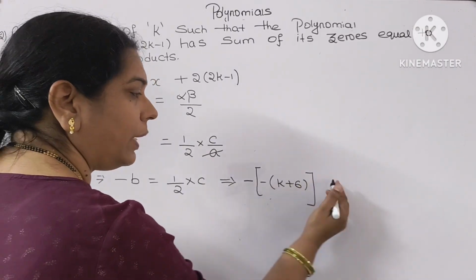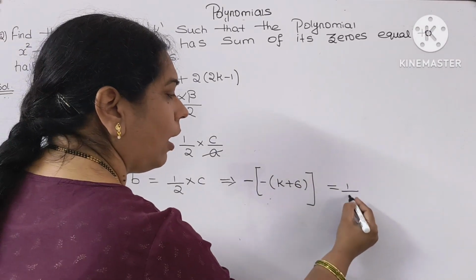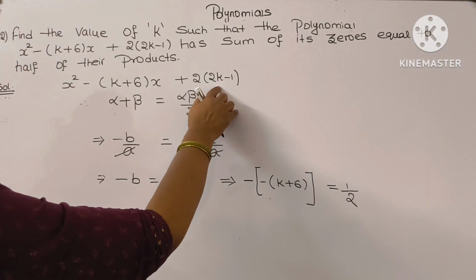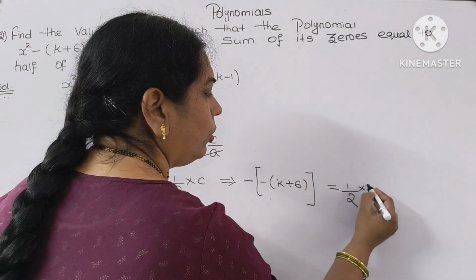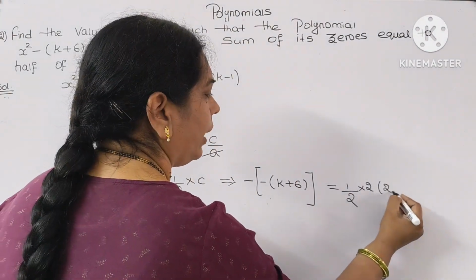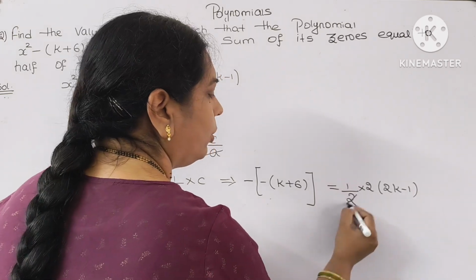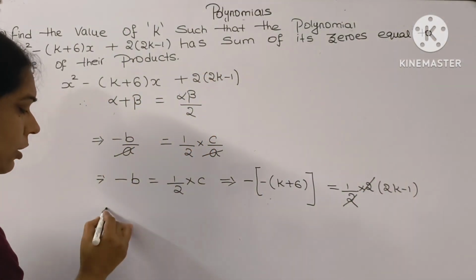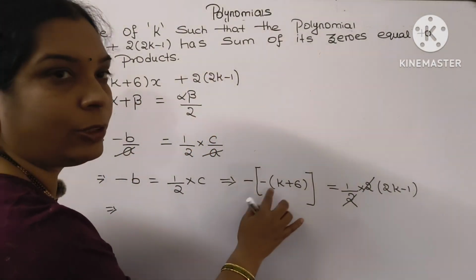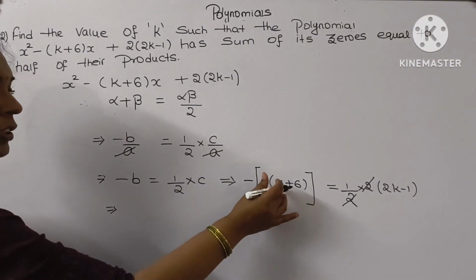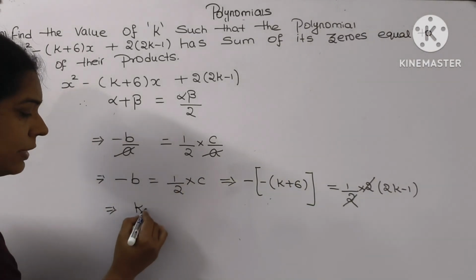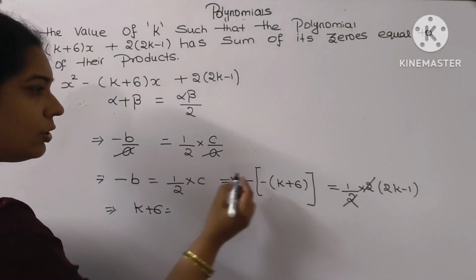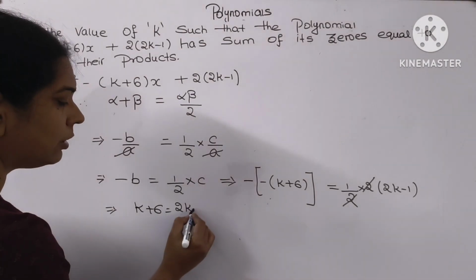So, minus b is equal to half of c. C is a constant, so half of 2 times (2k minus 1). 2 is getting cancelled. So, how will you simplify? Minus into minus will be plus. So, plus of (k plus 6) will be k plus 6 only, is equal to 2k minus 1.